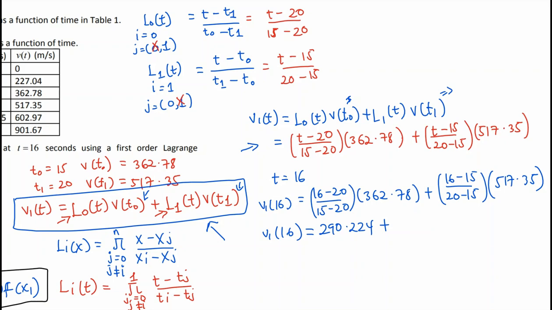When you do this, you're going to have 103.47. So 103.47 plus 290.224 will give us a value of 393.694 meters per second. So that will be the velocity value when time is 16 seconds.